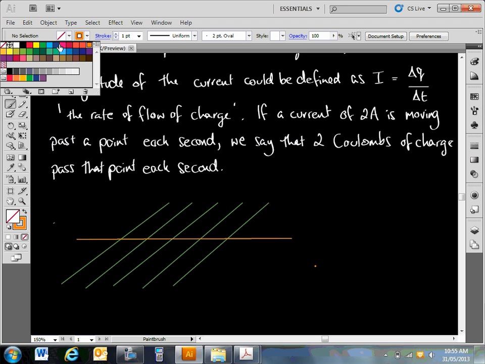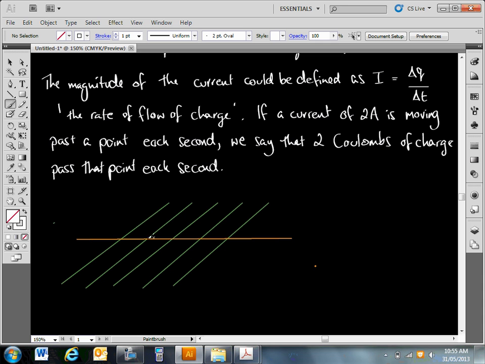We're only interested in this area in here because that's delta L, isn't it? Delta L between those 2 points there.